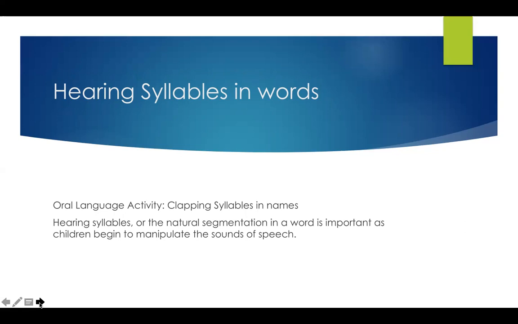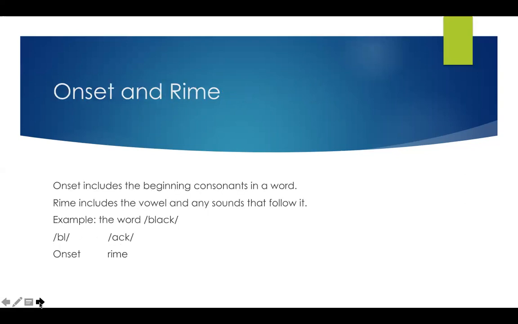You can use clapping syllables in children's names as a transition activity from circle time when you're waiting in line for going into the cafeteria, library, or assembly. You can clap not only children's names, but common nouns, vocabulary words, etc.